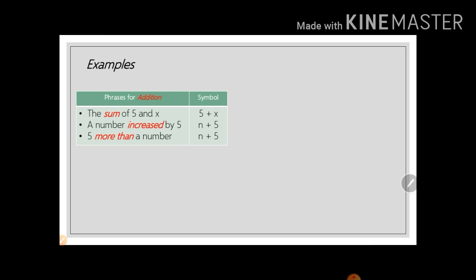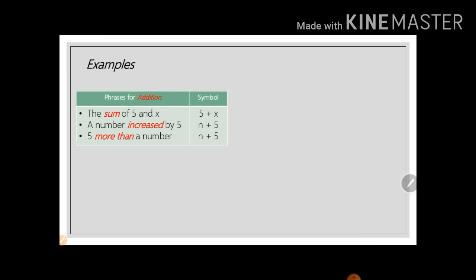Sometimes phrases should not be written literally as stated, but according to what the statement means. Sometimes you might write this as 5 plus n, which would be the literal symbol, but when you deeply interpret what the phrase tells us, that would be a number plus, or added by, 5.